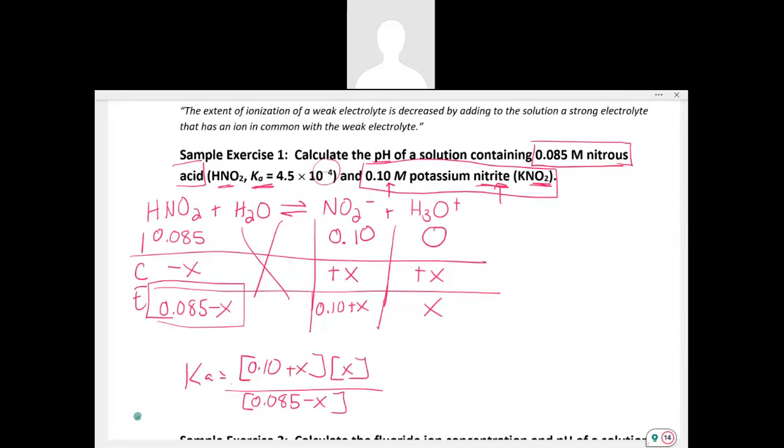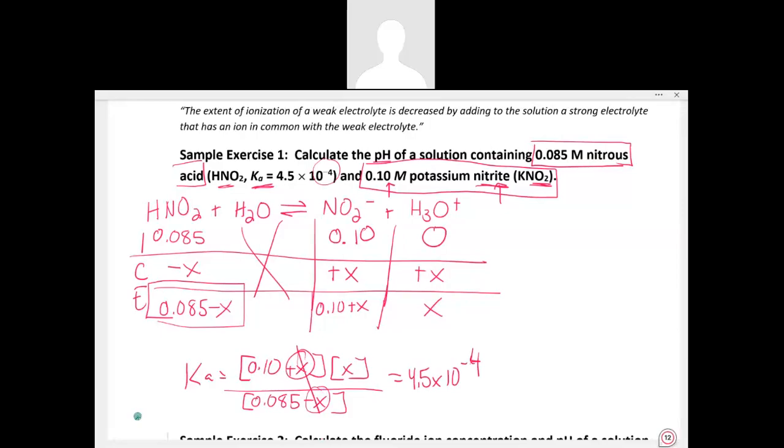So I mentioned earlier that we have a really small Ka, 4.5 times 10 to the negative 4. So that would give us a very small change. So not only will this x disappear, but also this x here. So our calculations will be fairly simple, right, without these two x's here.